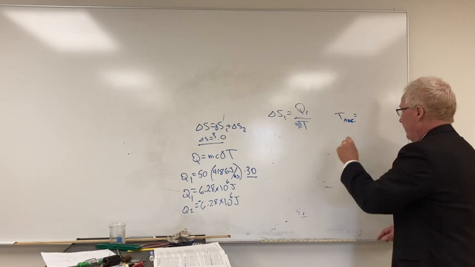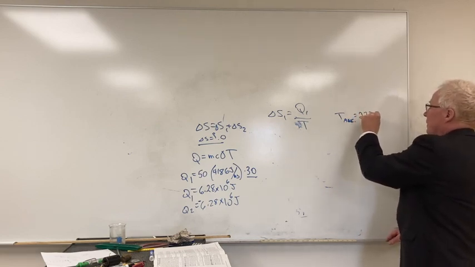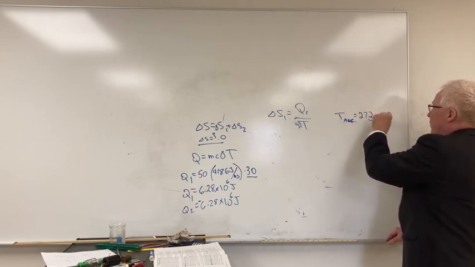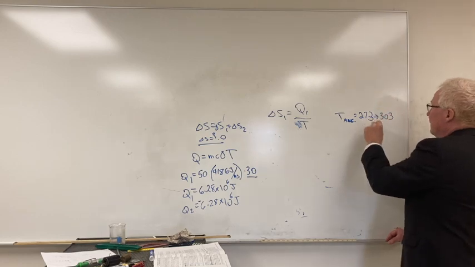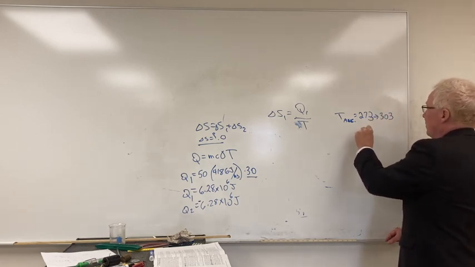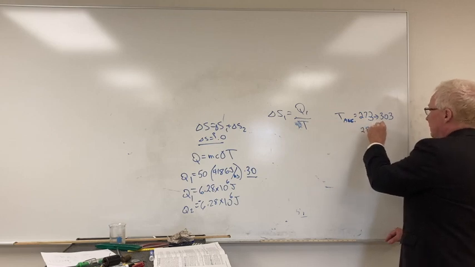So if we're going from 273 to 303, the average of that is 288 degrees Kelvin.